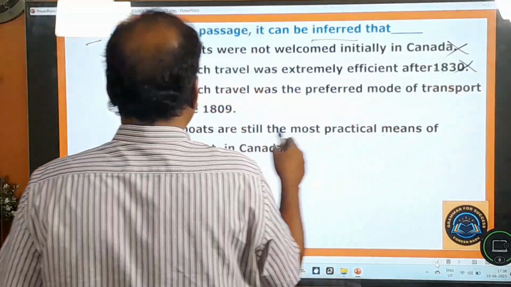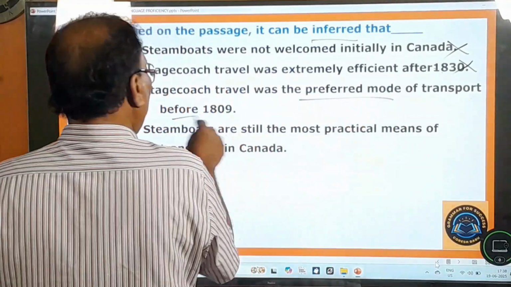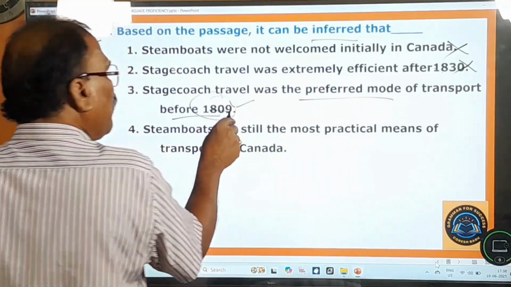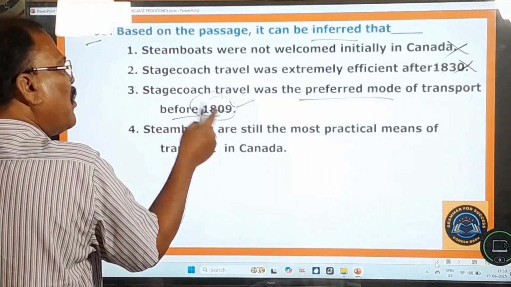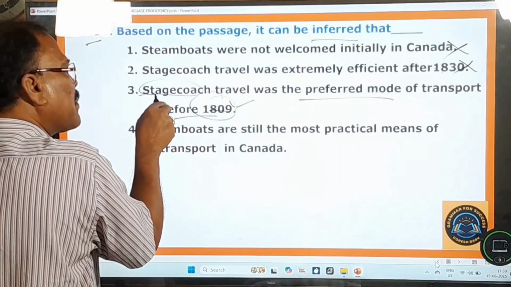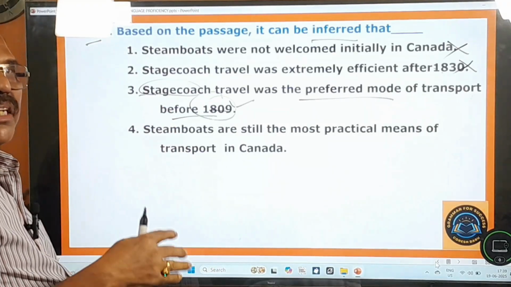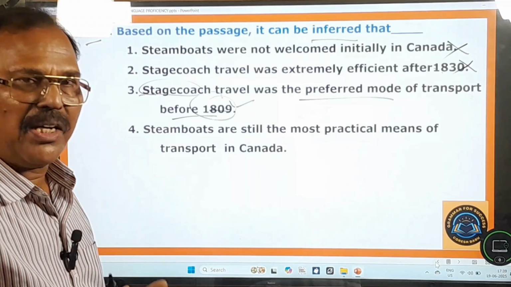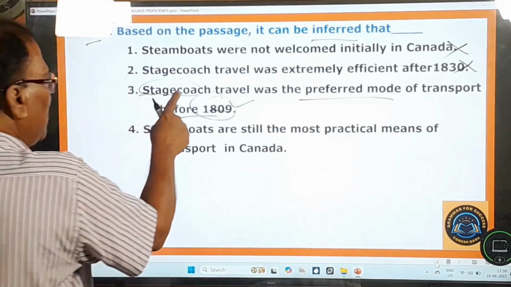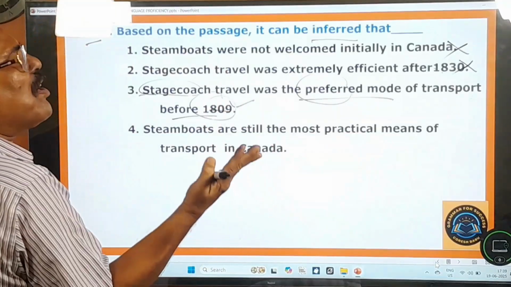No. Stagecoach travel was the preferred mode of transport before 1809. In 1809, the steamboats were invented, and before 1809 there were only stagecoaches, and they were not dependable. They did not offer people a happy, comfortable journey. So the stagecoach was the only preferred mode of transport.